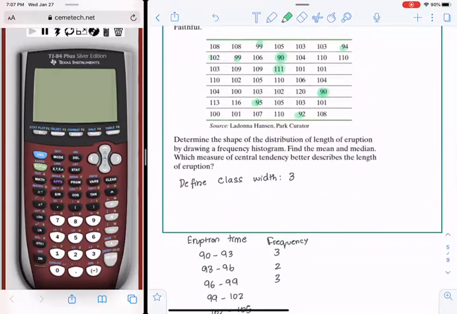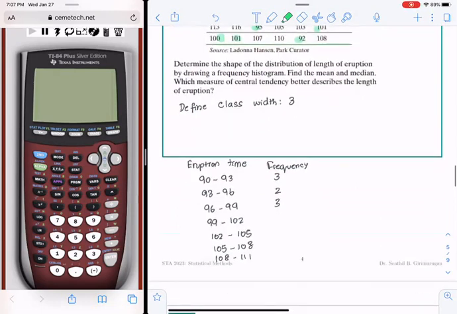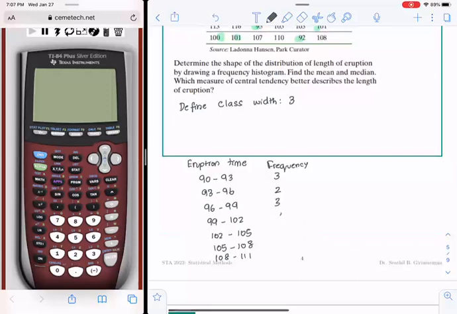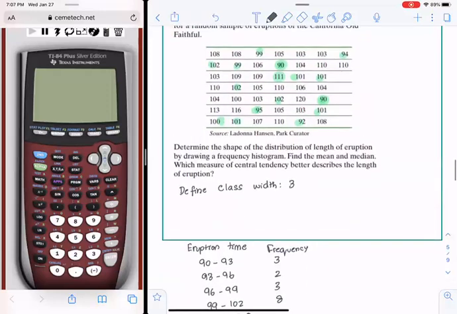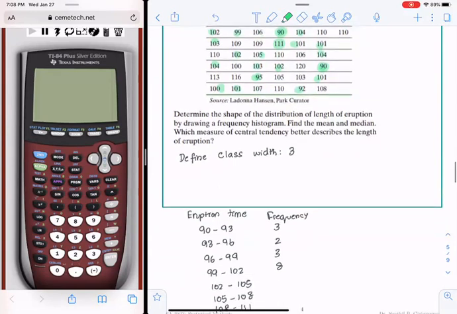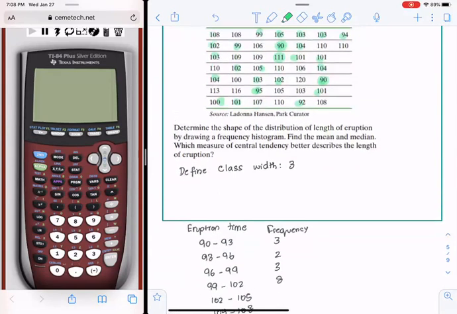So 1, 2, 3, 4, 5, 6, 7, 8, 8 of them. 102 to 105, 1, 2, 3, 4, 5, 6, 7, 8, 9, 10, 11. 11.